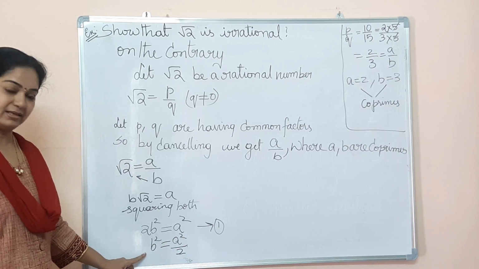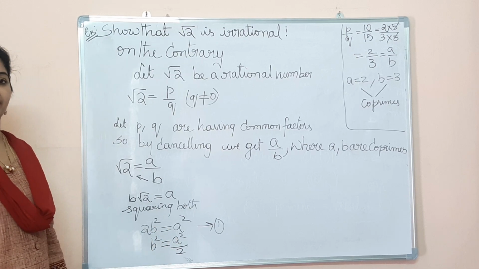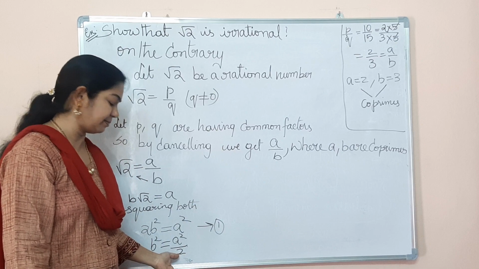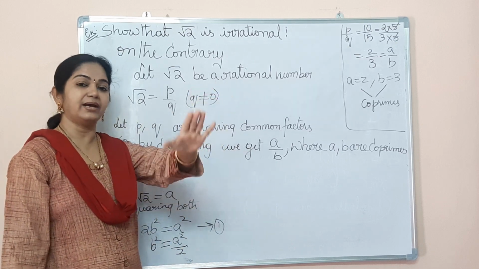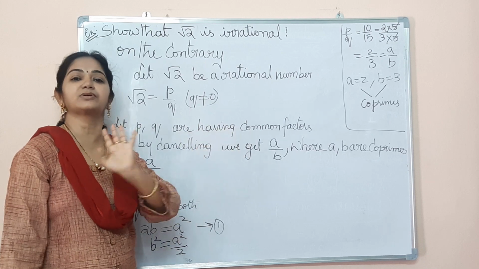That means 2 is dividing A square. And according to the theorem, we know that if a prime number, 2 is a prime number, divides the square of a positive integer, it divides the positive integer.